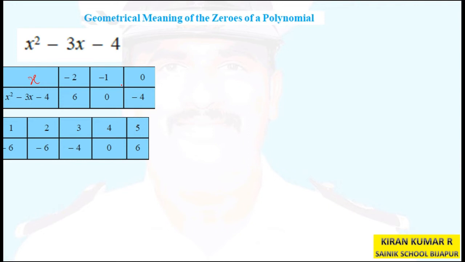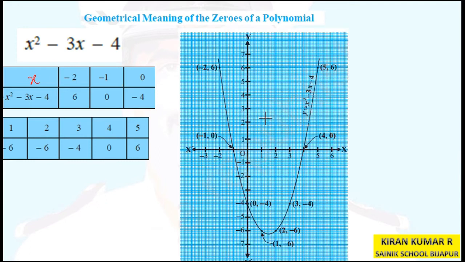If you plot these coordinates, we get a beautiful graph, which is called a parabola. I had mentioned in our previous class, class 9, that this type of graph is called a parabola. Y dash, y axis and x axis.